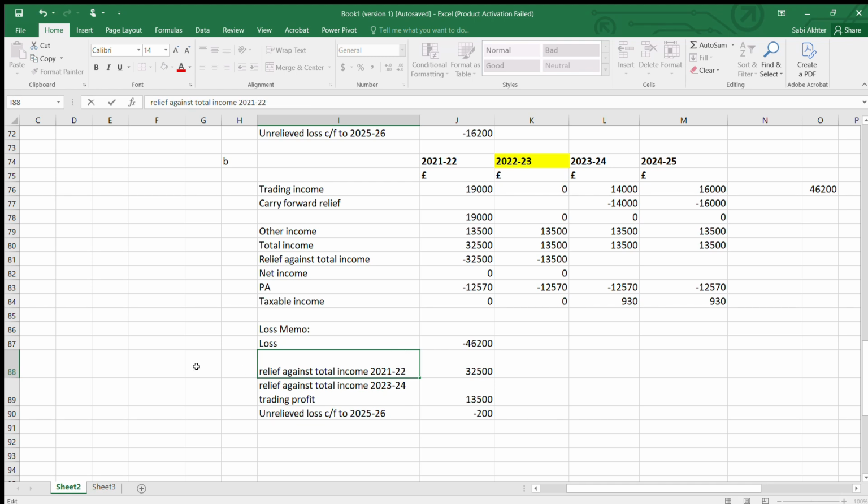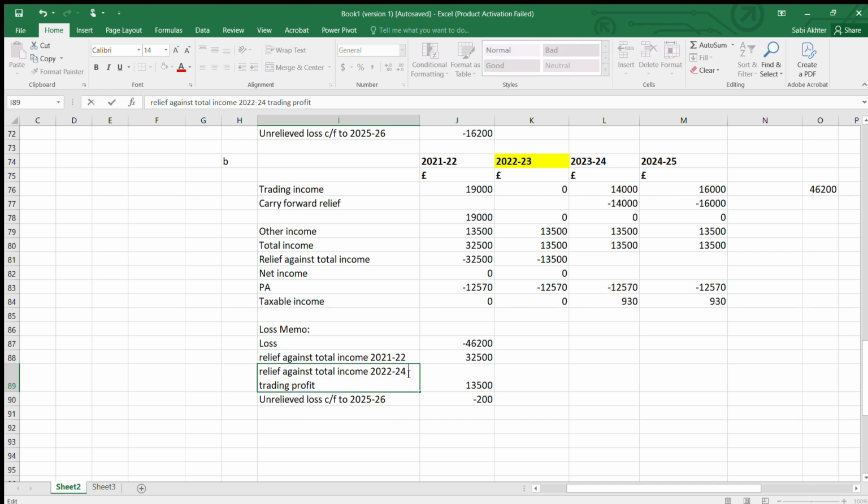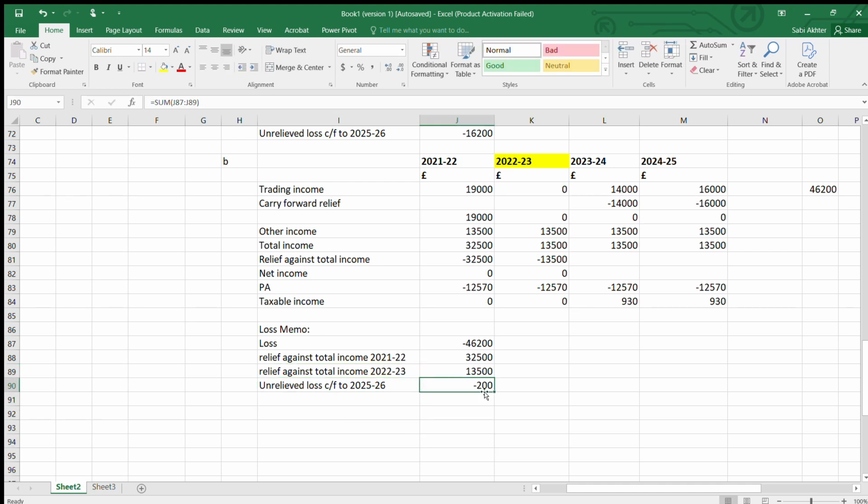No trading profit. And 22, 23. Done. Then carry forward relief. Carry forward relief. How much? 200.